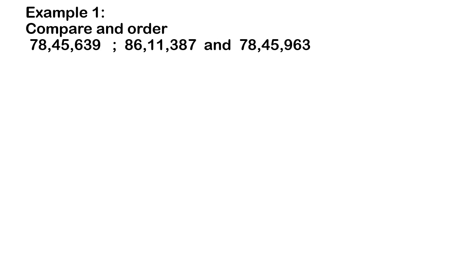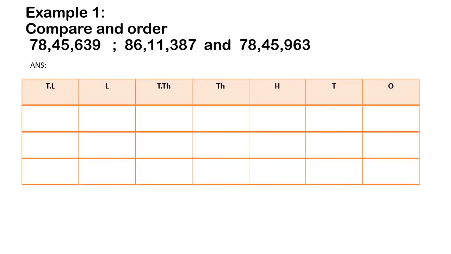So example 1, compare and order. They have given three numbers. Now we are going to compare these three numbers and order them. So the first step is we have to draw one place value chart. In the first row you have to write ones, tens, hundreds, thousands, ten thousands, lakhs, ten lakhs. Okay.